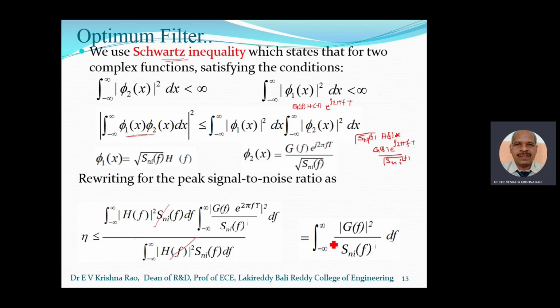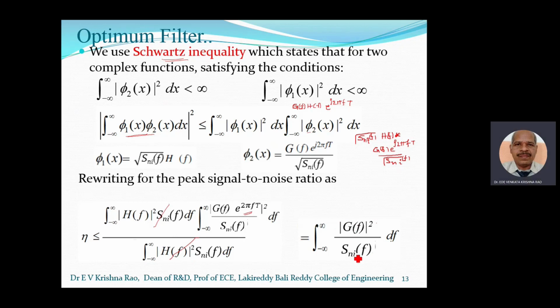So this is obviously in terms of magnitude squared of g of f e power j2 pi f t divided by Sni of f, df. The phase term can be nullified, and this is the magnitude: integral from minus infinity to plus infinity of g of f squared over Sni of f df. So this is the signal to noise ratio. This would be maximized once it is considered as an optimum filter.